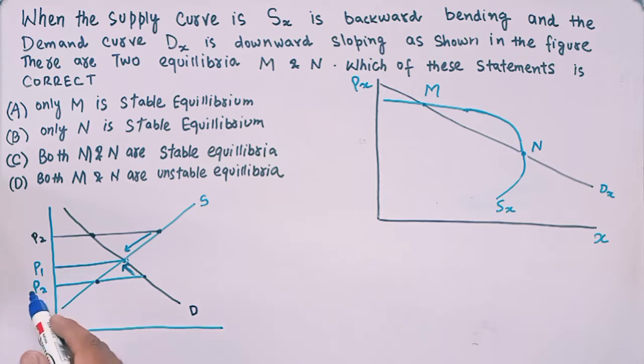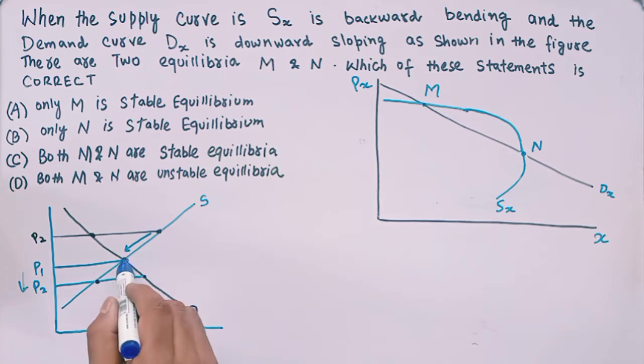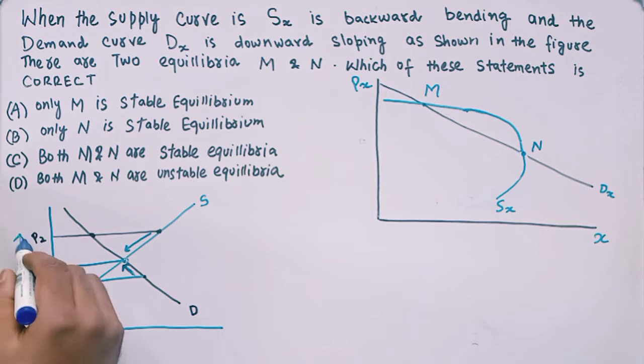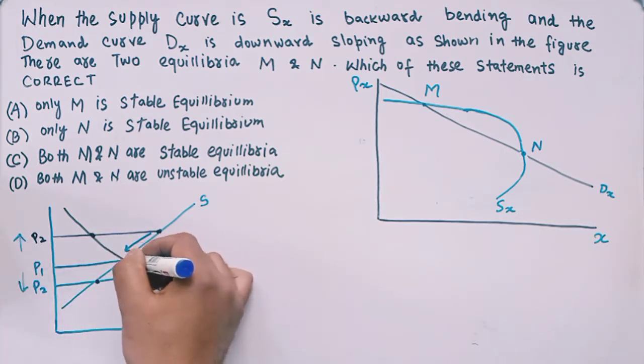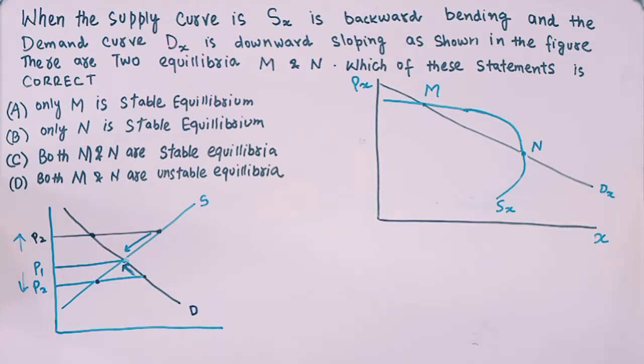So if price goes down, we have excess demand, and price will go up till we reach back to the original equilibrium. And if price goes up, there is excess supply, so suppliers will lower their prices and we will reach back to the original equilibrium. This is the concept of a stable equilibrium.